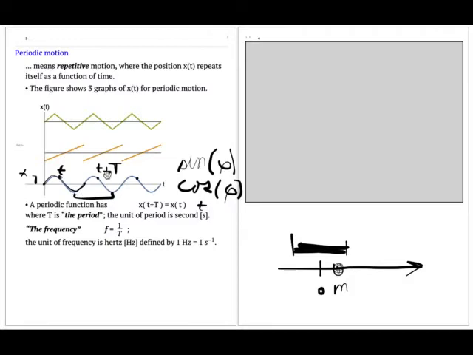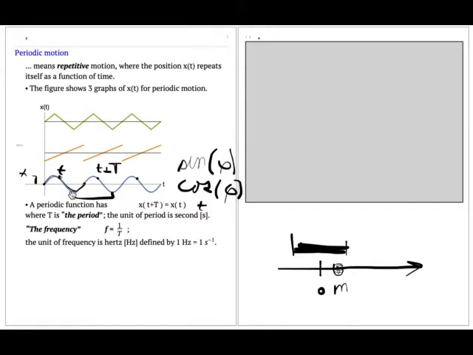It's oscillating, so it's got crests where x is at the largest positive value. It's got troughs where x is at the minimum displacement, the largest negative displacement. From one trough to the next trough, that's one period. It's a complete oscillation.